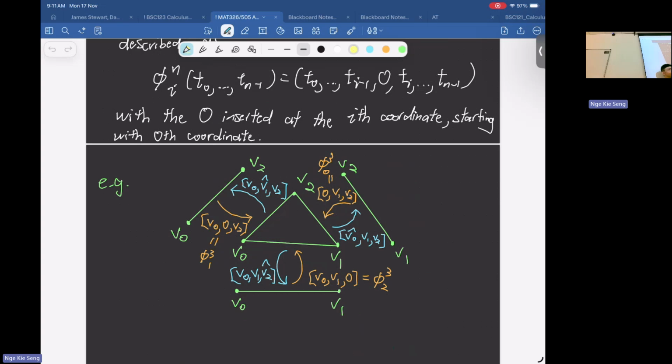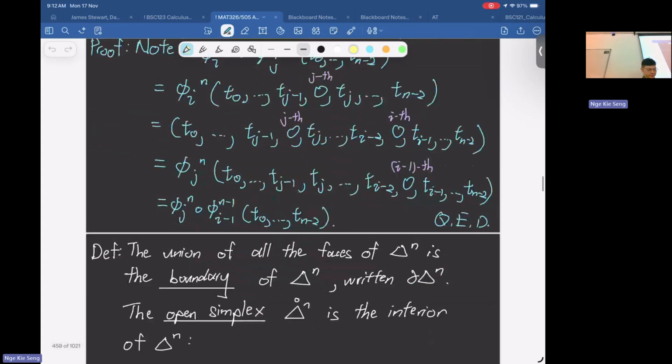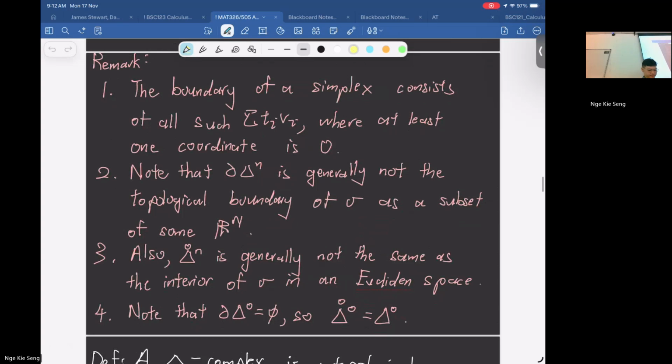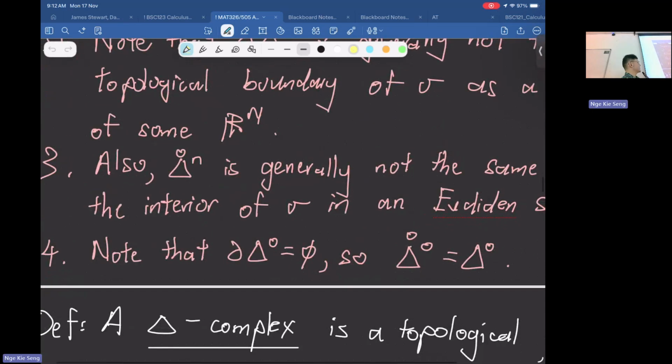So if you just have one point, you throw away that point, then your boundary is empty. So by definition, the 0-simplex is actually open. By definition, it's open. So we have this funny notation here: the interior of delta 0 is delta 0.